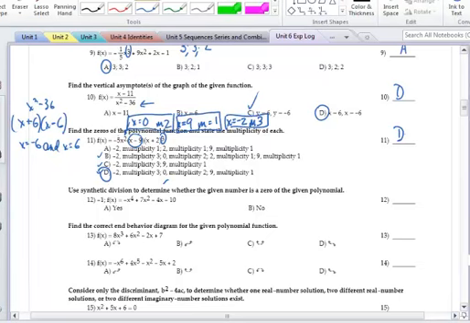Now we use synthetic division to determine whether a given number is a 0. They want to know if negative 1 is a 0. So over here I'm going to do synthetic division. Notice it has the fourth, the second, so they skipped a term. We want to make sure we write the coefficients, so remember what terms to put in.